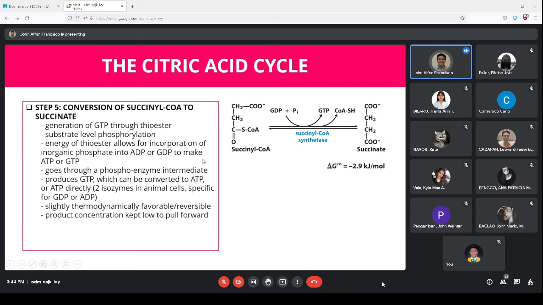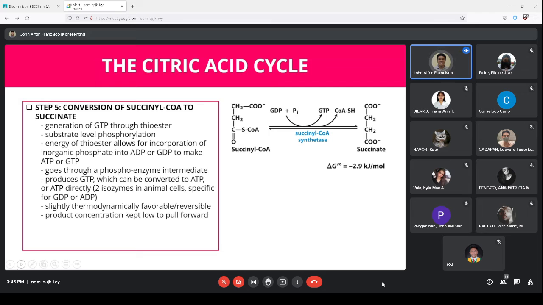Okay? Ano nangyari dito? Meron kang production of GTP. Generation of GTP through thioester and substrate level phosphorylation. The energy of thioester allows for incorporation of inorganic phosphate into ADP or GDP to make ATP or GTP.